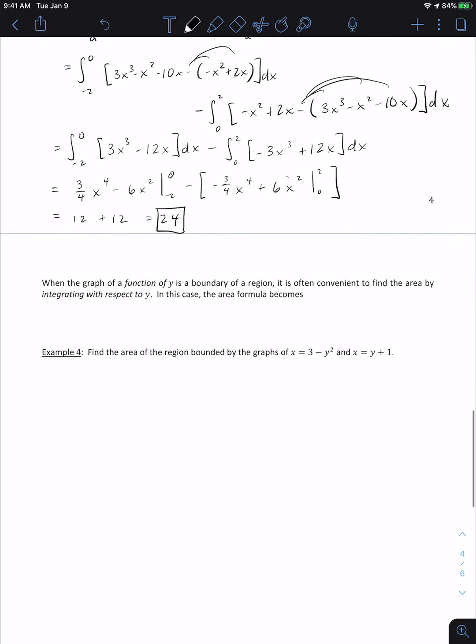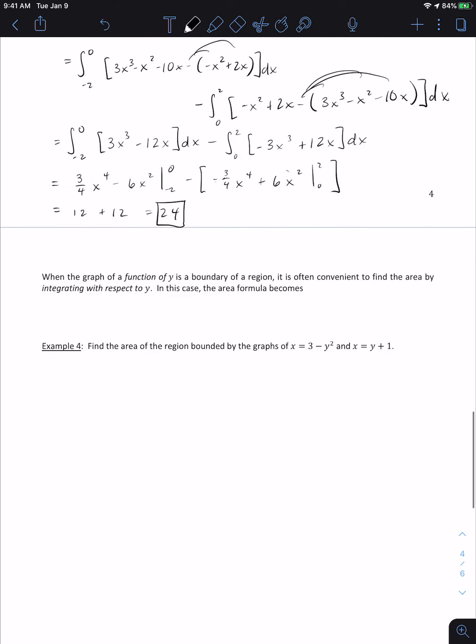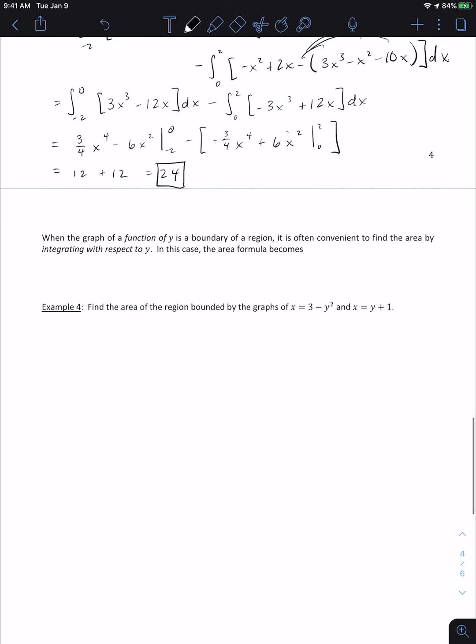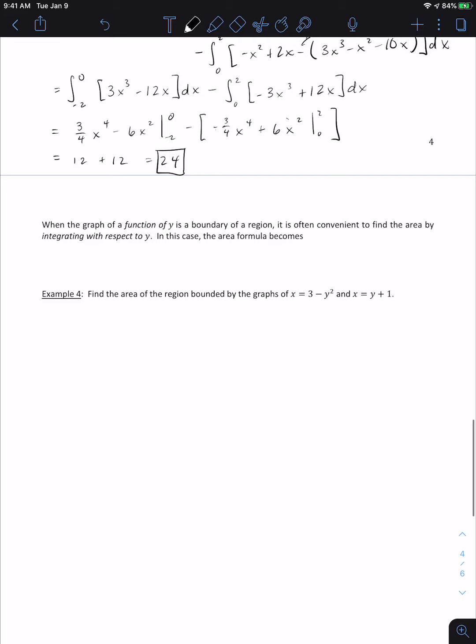Okay, so when the graph of a function of y is a boundary of a region, it is often convenient to find the area by integrating with respect to y, right? So in other words, all these functions I'd said f of x equals x squared plus something, something, something, right?